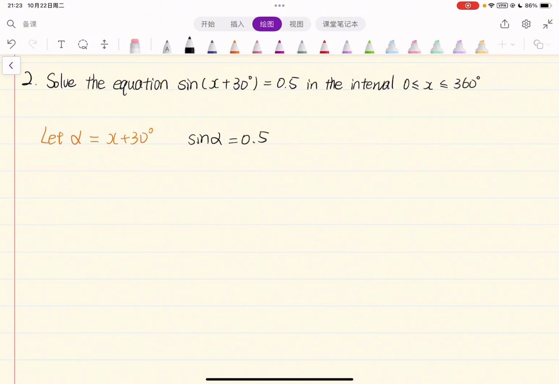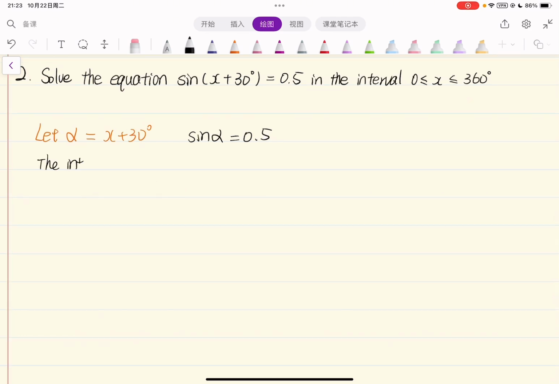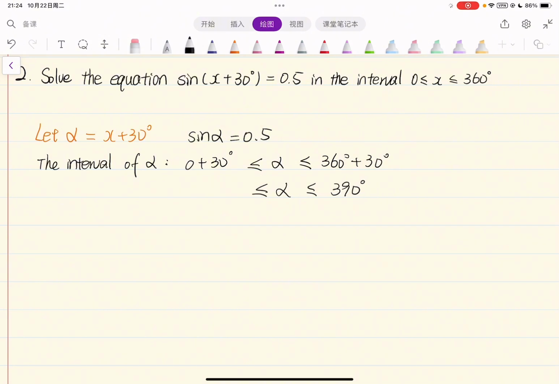Secondly, we need to define the interval of alpha. The interval of alpha should be alpha less than or equal to 360 plus 30 degrees, greater than or equal to 0 plus 30 degrees. So alpha is less than or equal to 390 degrees, greater than or equal to 30 degrees.